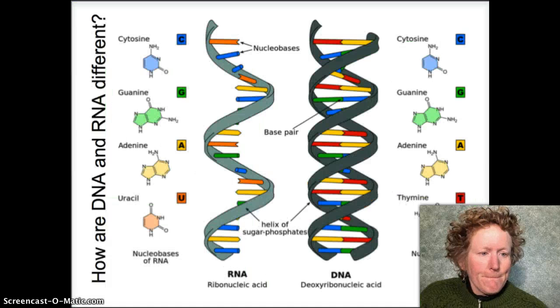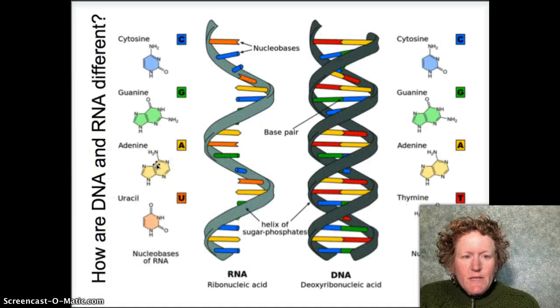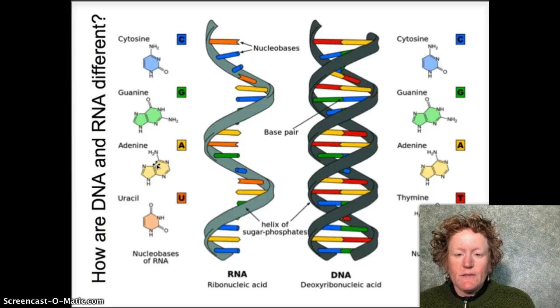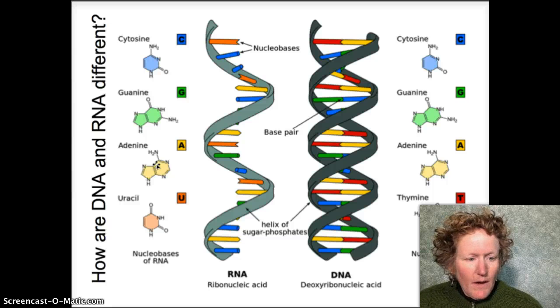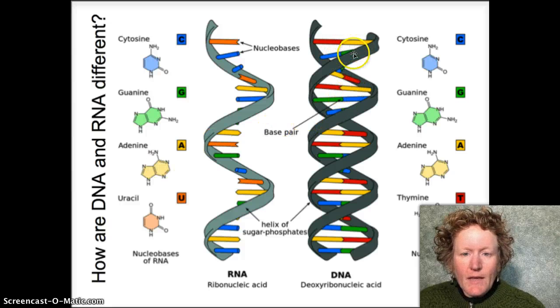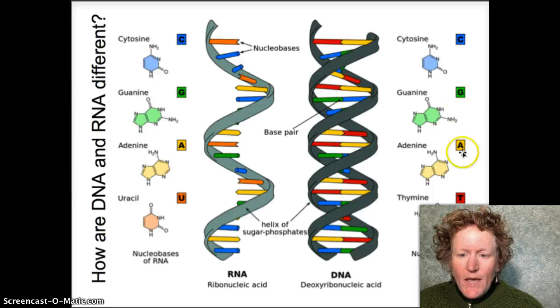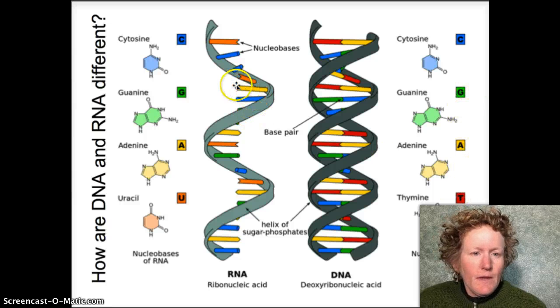Let's talk a little bit more about the differences between DNA and RNA quickly, because this is an important part of understanding how they both work. DNA has two strands. You can see there's like two sides of a ladder or a staircase here. It has the bases C, G, A, T. In contrast, RNA only has one side of the ladder or one side of the staircase.